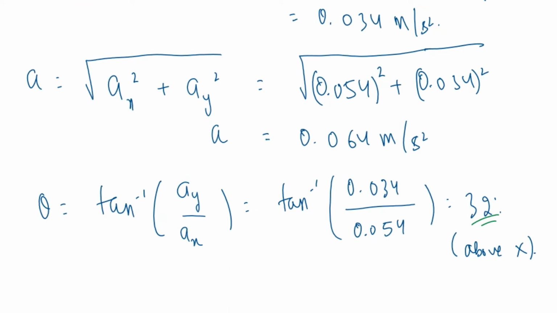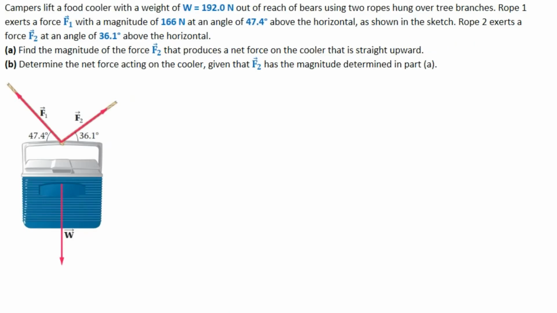Now let us take a couple more examples to understand it better. In this example, a camper lifts a food cooler with a weight of 192 Newton by using two ropes. Rope 1 exerts a force of magnitude 166 Newton at an angle of 47.4 degrees above horizontal, which you can see in this image.